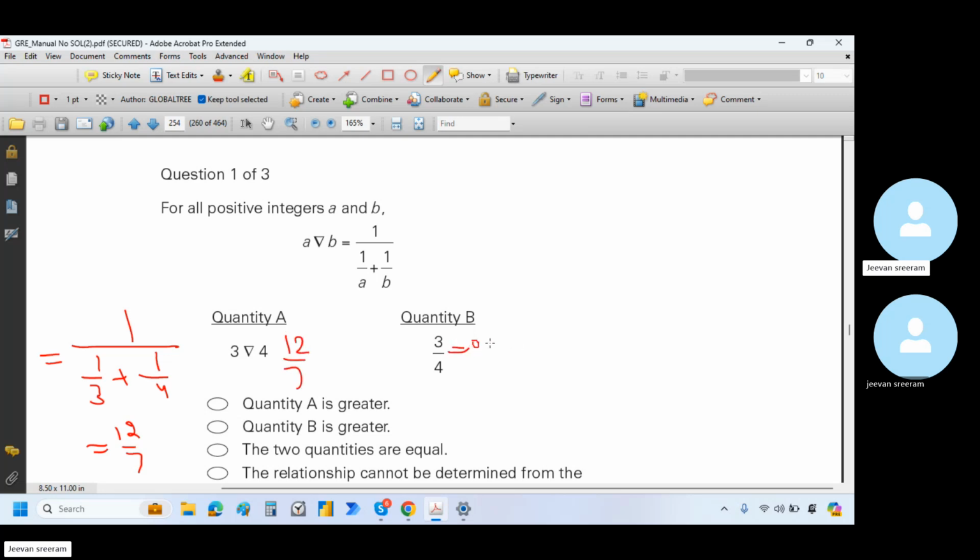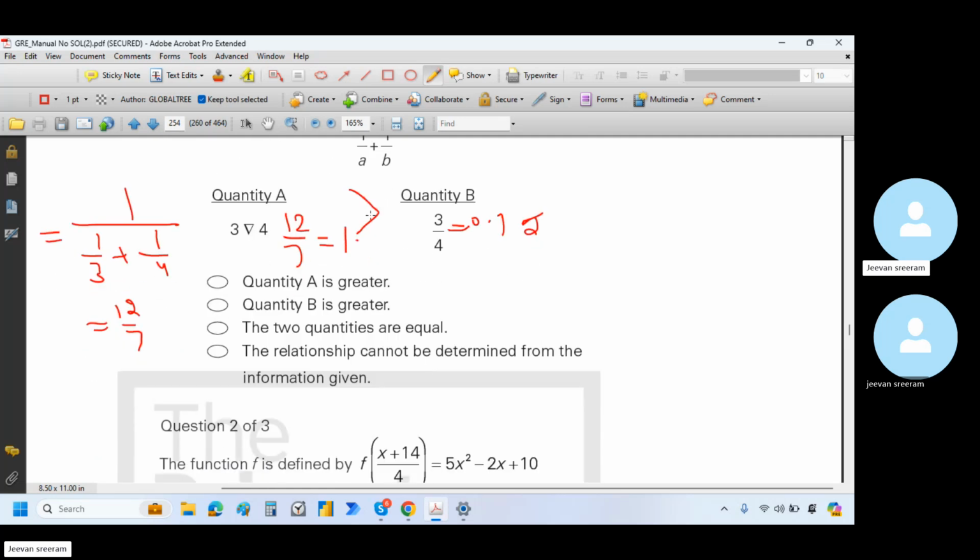It's actually 0.75. This is 1 point something. So A is greater.